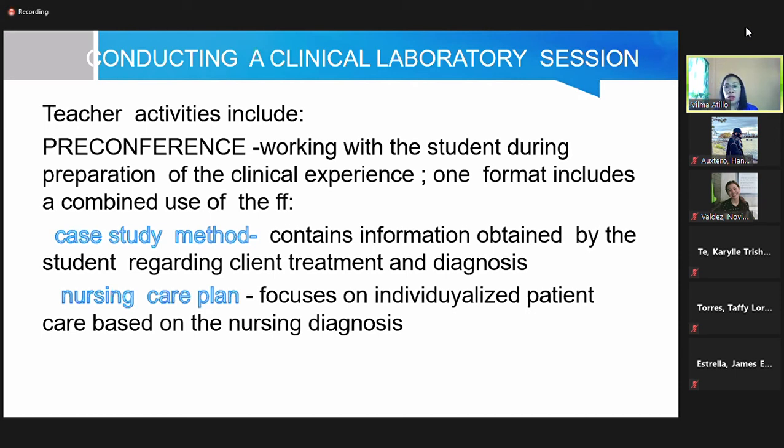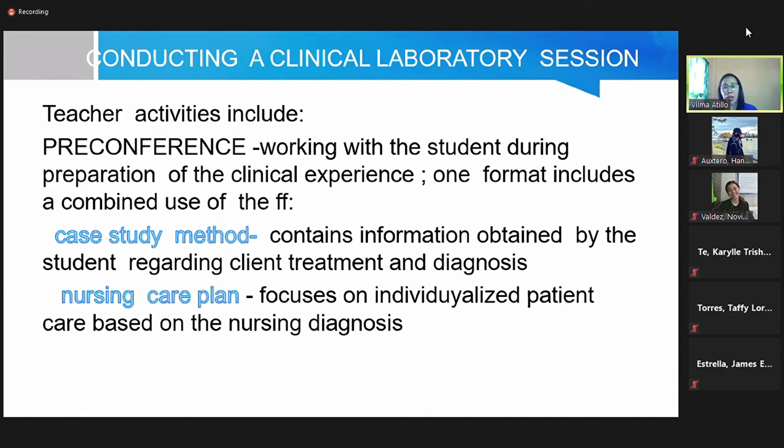So you will get the data from your patient because you will use that one in your case study, and it will be by group, and students will be merong assigned na particular students with the particular disorders. You will have your data collection, and then at the end, you will diagnose your client.